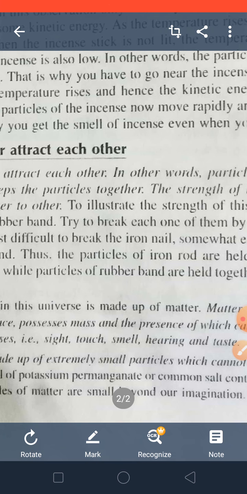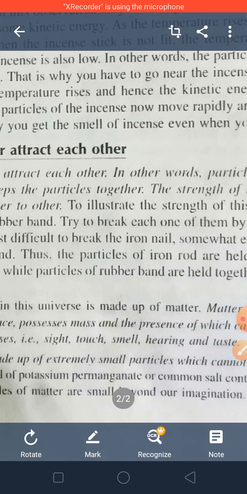And since we are discussing matter particles here, the second important thing about matter particles is that matter is actually composed of extremely small particles which cannot be seen with the naked eye.